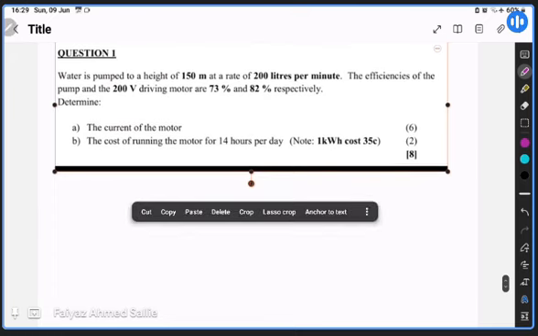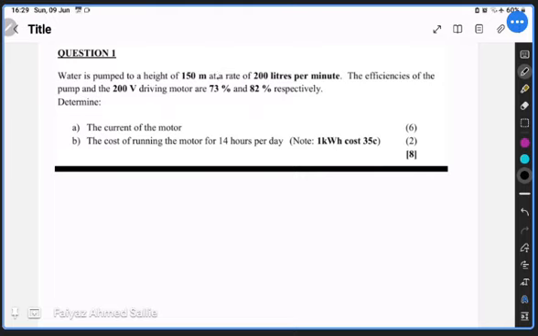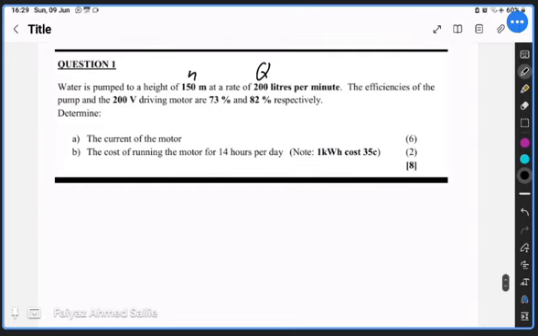Okay, so we have two efficiencies, and this is the volumetric flow, and this here is the height.